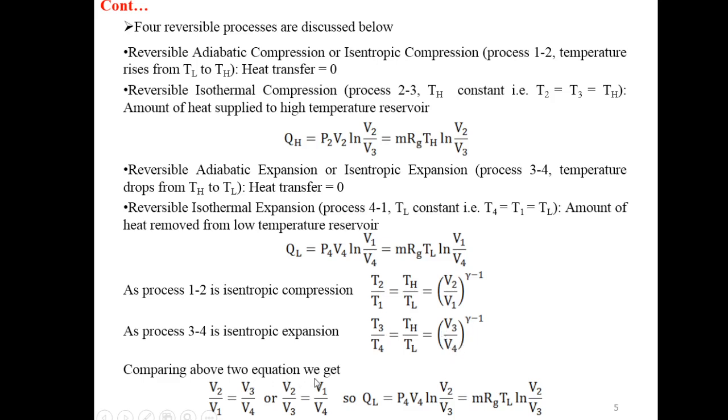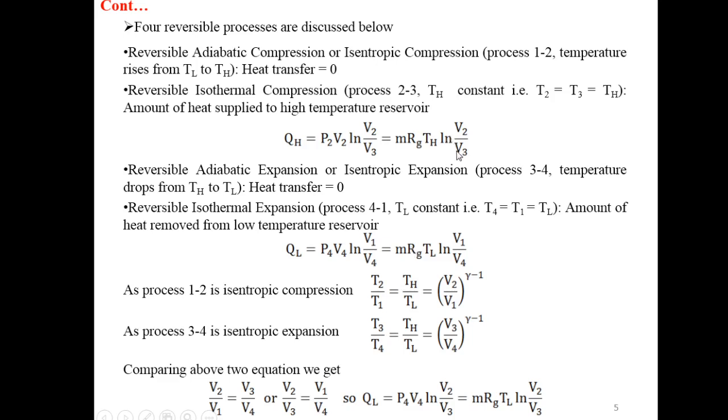Comparing the above two equations, we get V2 by V1 is equal to V3 upon V4, or we can say V2 upon V3 is equal to V1 upon V4. So you can see V2 upon V3 is equal to V1 upon V4.